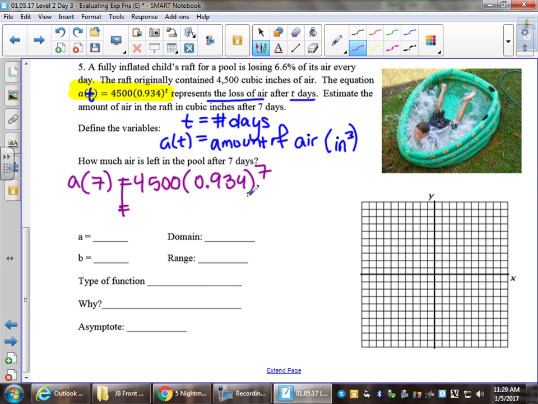Get that number and then multiply by 4,500. Is there any decimals after that? 0.2. Good job. Are we matching in our answer?